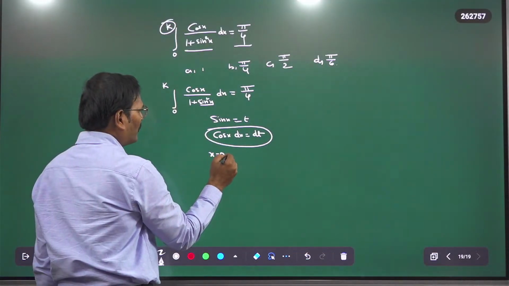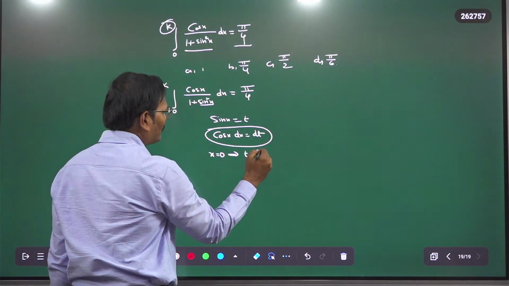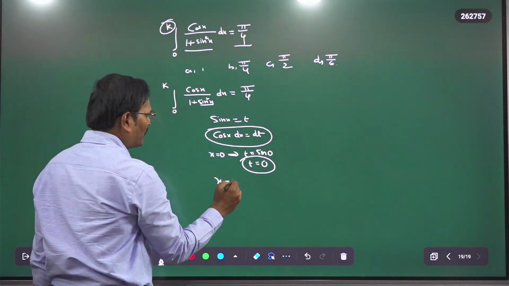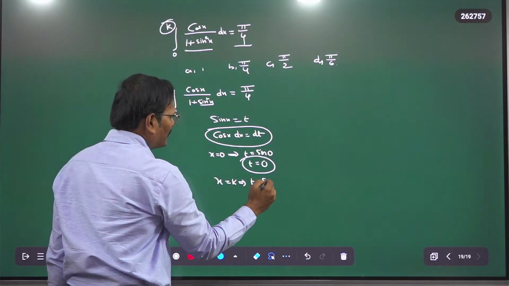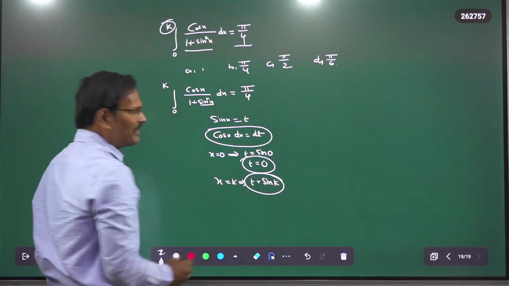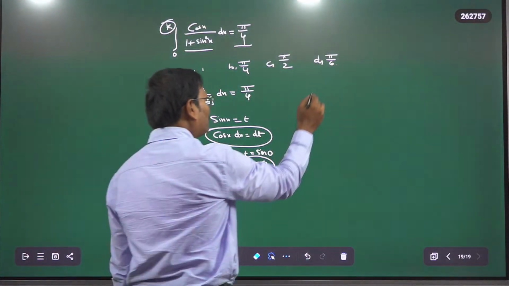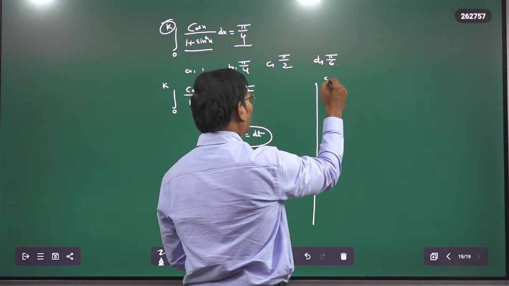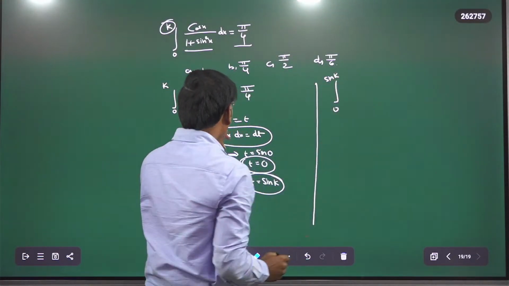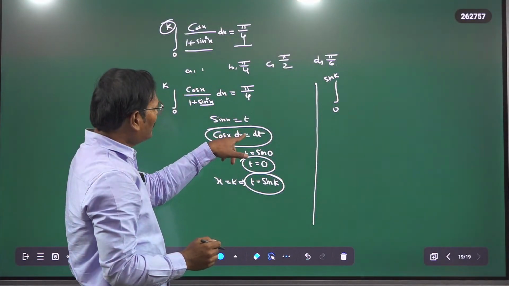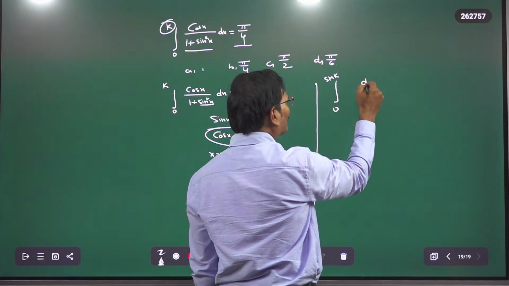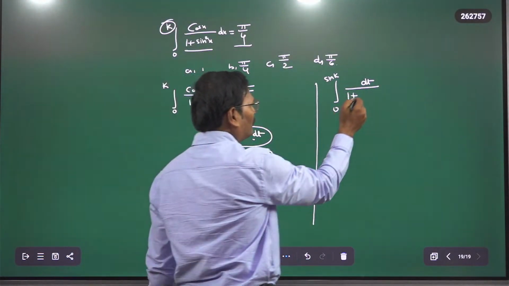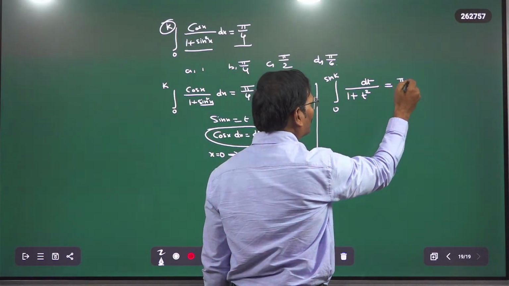When x is equal to 0, t equals sin 0, so t equals 0. When x is equal to k, t is equal to sin k. So the upper limit is sin k and the lower limit is 0. Integral 0 to sin k, in place of cos x dx we can write dt by 1 plus t square equal to pi by 4.